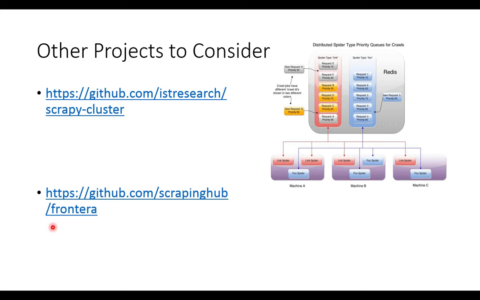The other project that you will want to look at is Frontera. Very interesting in terms of how it sets up queues to allow for distributed processing and prioritization. So these are two very interesting and useful projects if you're trying to build large-scale distributed crawling infrastructures. There are several others, but I thought these two projects would definitely help you when you're building distributed crawling.